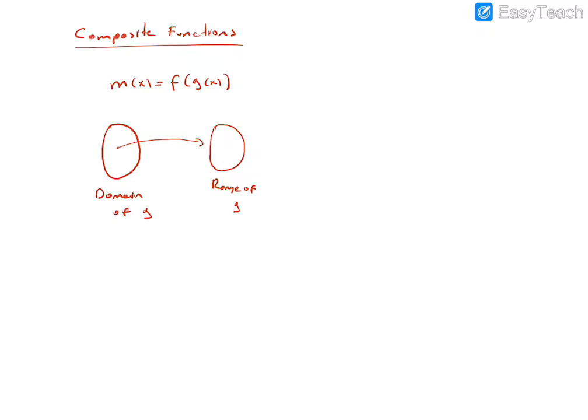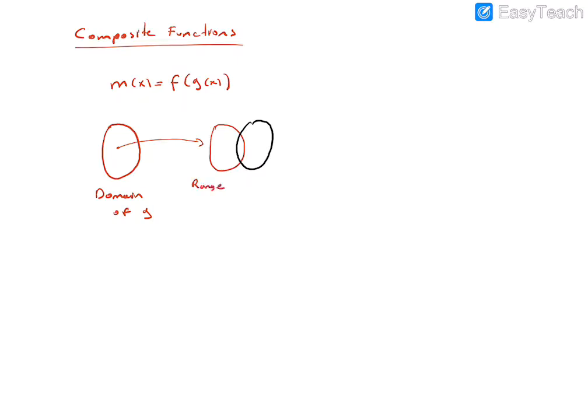But the domain of f can be different than the range of g. So by considering the intersection of these two sets, black one is the domain of g.